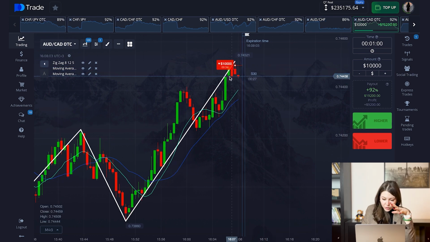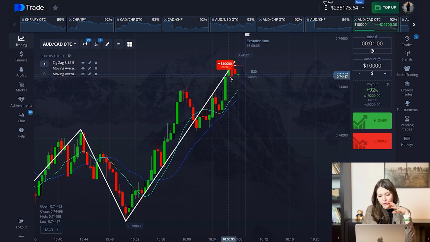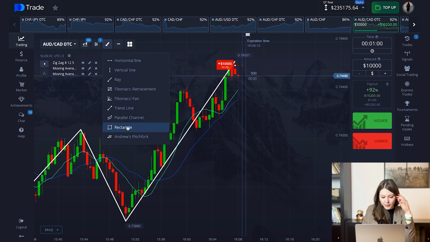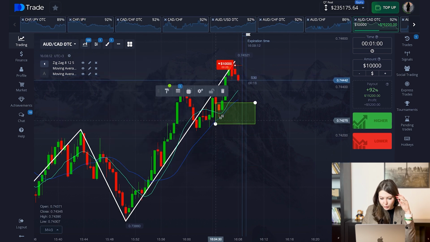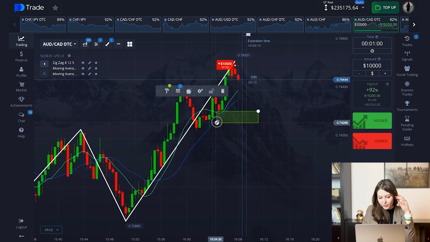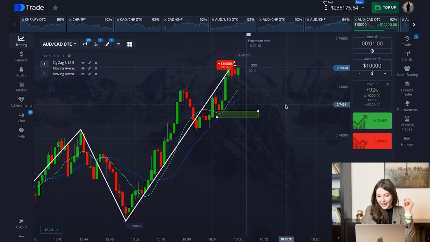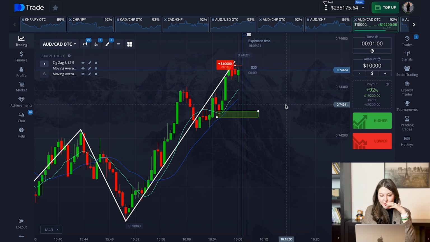Also we have here the first support zone that we're testing, and here's the second support zone. I'm not gonna highlight the first support zone because we already passed it, but we have here the second support zone for the notice, and we already have amazingly nice profit, guys. So I think that is just wonderful.